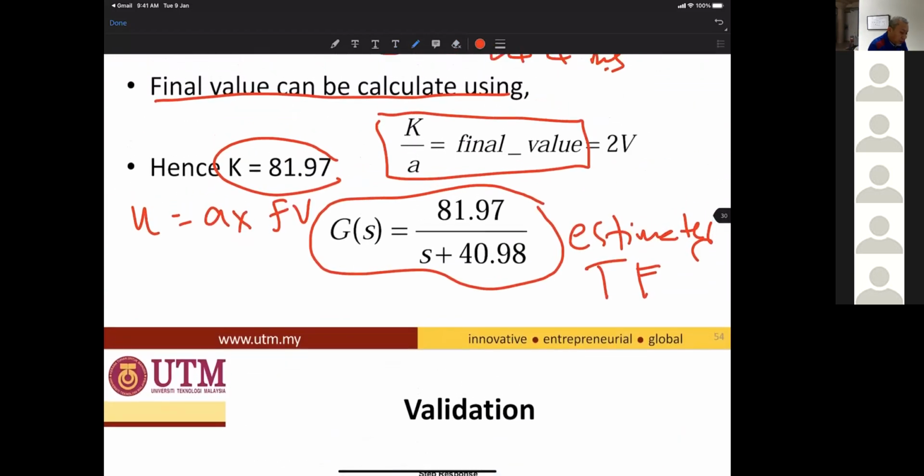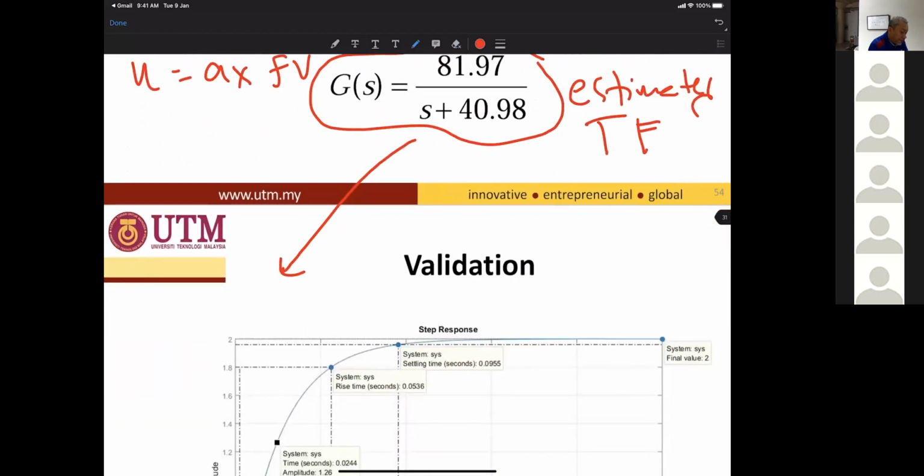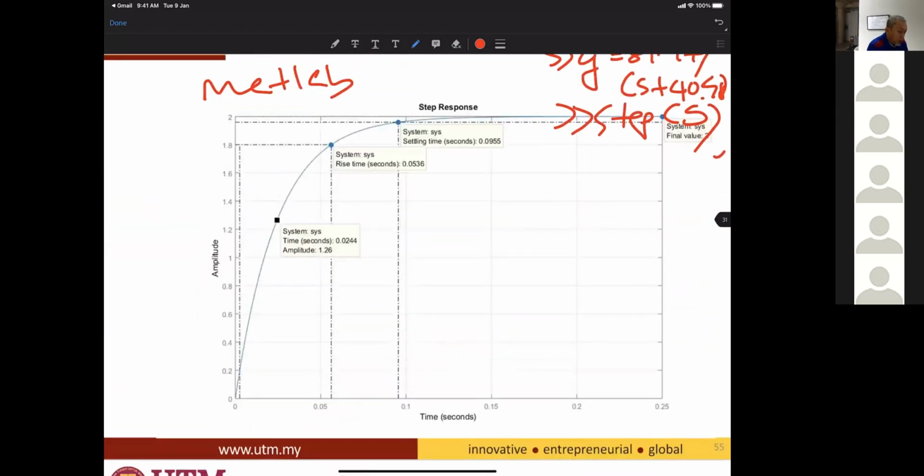We use this and insert it inside MATLAB. Then step G, and you get the same graph.